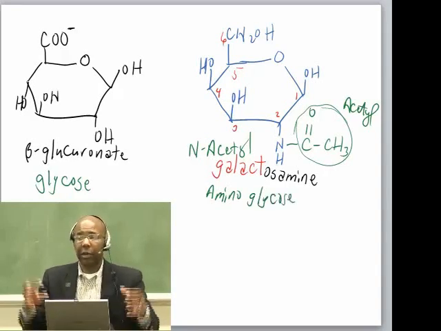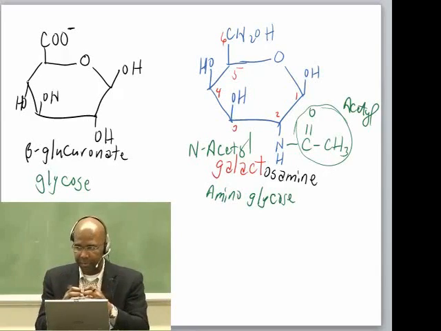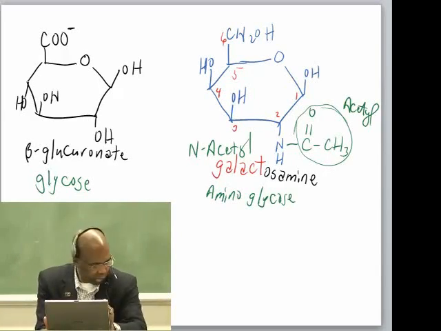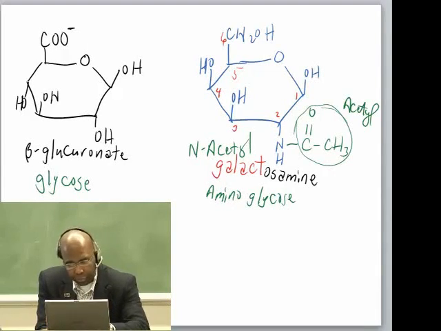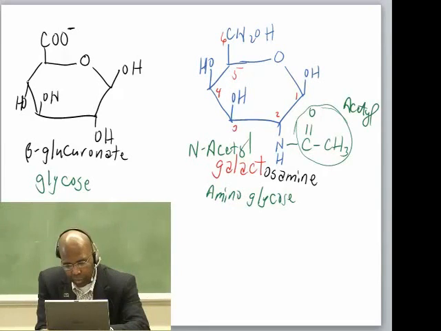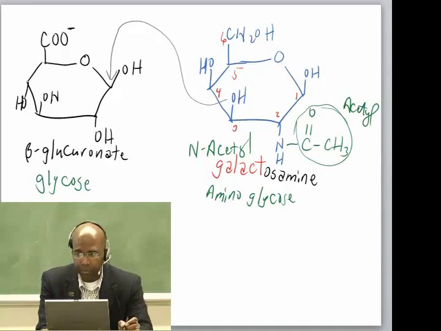Okay. Now we're going to put the two of these together. Now this is going to be different. We've never seen this one. It's going to be the 3-hydroxyl that is going to attack the anomeric carbon.